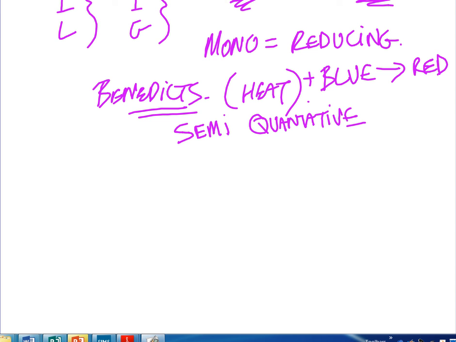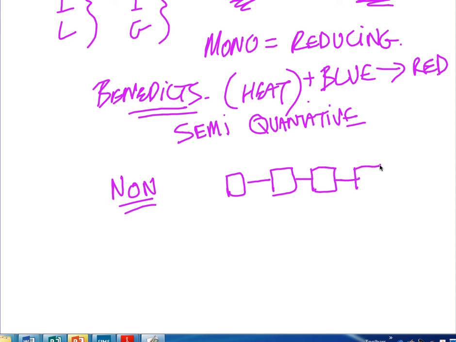If we want to test for a non-reducing sugar, we do exactly the same test, but a non-reducing sugar is going to be a disaccharide or potentially a polysaccharide with lots of glycosidic links. So in order to test the reducing properties, we first have to split these glycosidic links, and we do that using acid. We can use any acid really, hydrochloric acid is the most common.